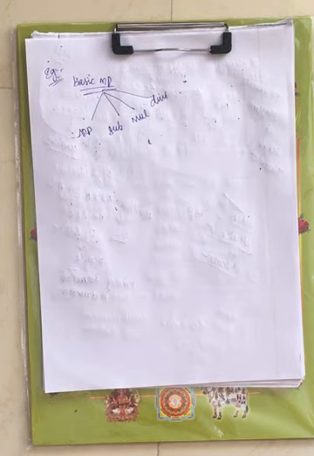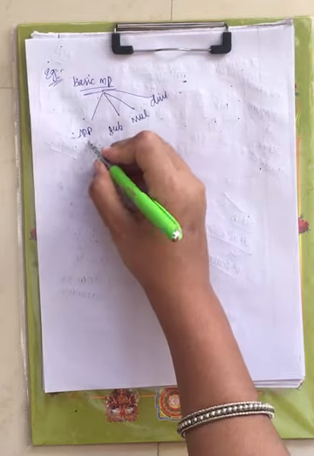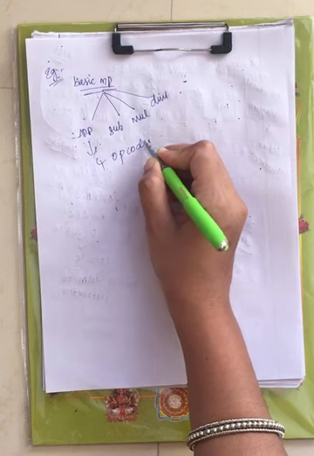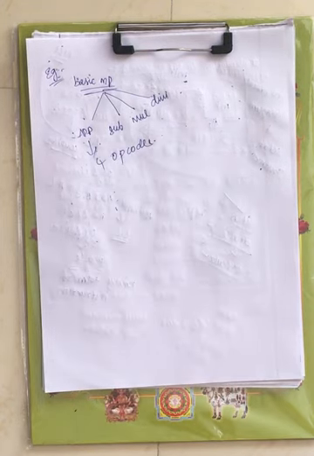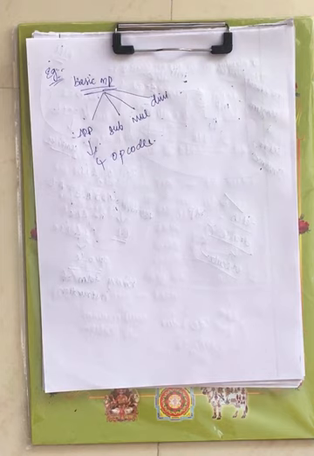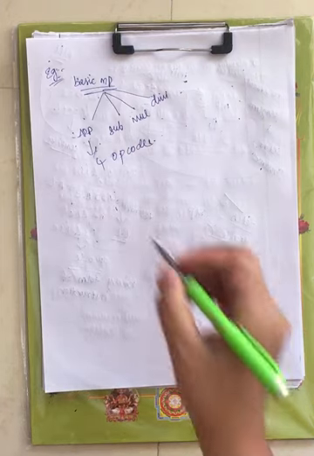Since it has 4 instructions, how many opcodes will you have? 4 opcodes. Now what is meant by the opcode? Opcode is nothing but the binary form of an instruction.